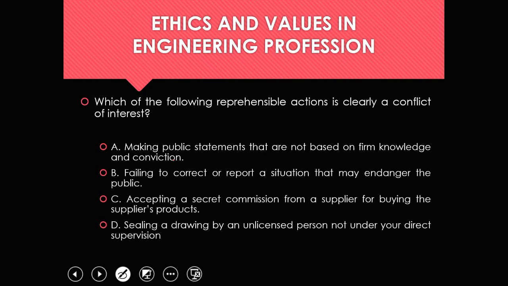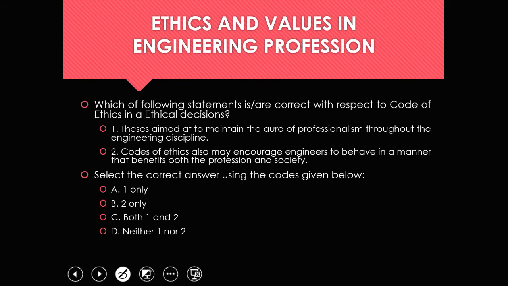Which of the following is a reprehensible action? Although I believe most of them are, the most correct would be accepting a secret commission from a supplier or buying the supplier's product, and moreover it is a conflict of interest. Therefore the correct answer is C, which is correct with respect to code of ethics.